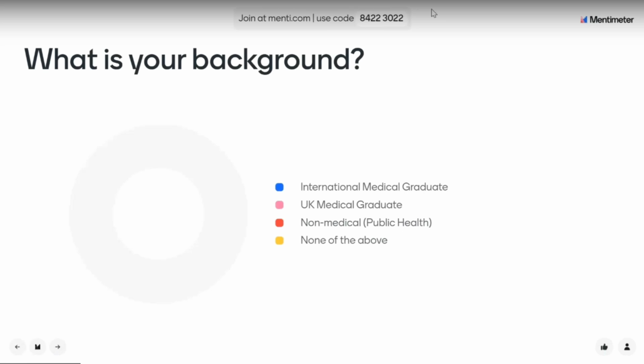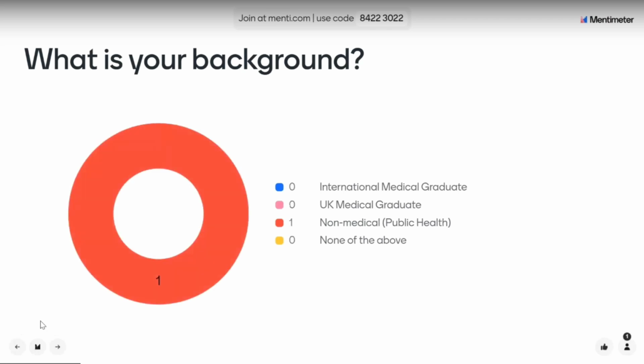Once you're able to log in and put the code, you should see the question there and you should be able to select which group you belong to. One response coming.